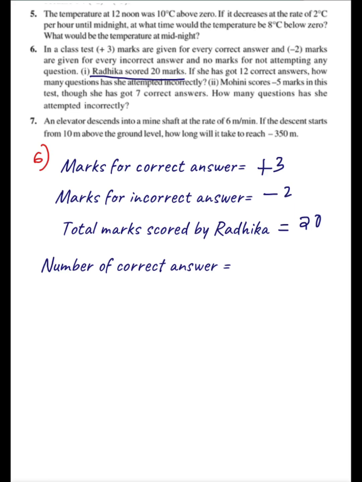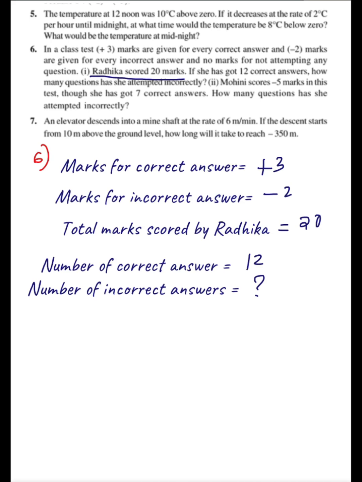This is the case for Radhika, and we have to see how many questions she has attempted incorrectly. That means the number of incorrect answers is what we have to find. Okay, total marks scored by Radhika is given as 20, number of correct answers is given as 12, and we have to find the number of incorrect answers.